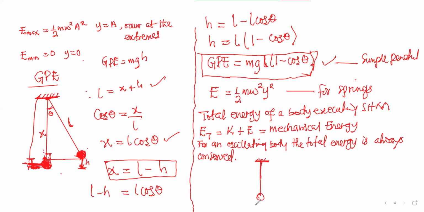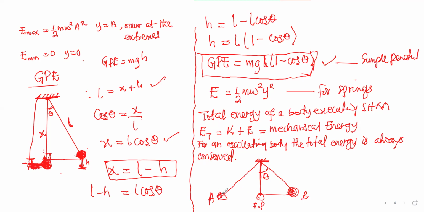When it is at the fixed point or the rest position, there it is. When you displace it through a small angle, the angle is very important, it will be oscillating between these two extreme points A and B.